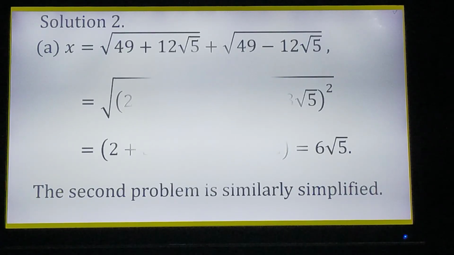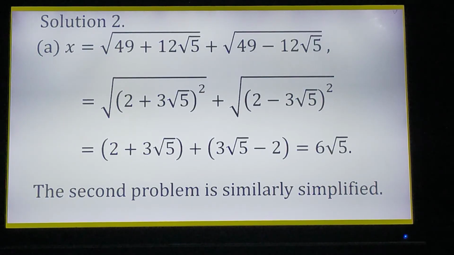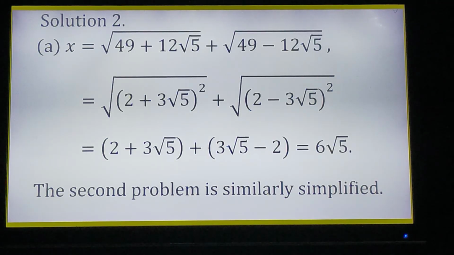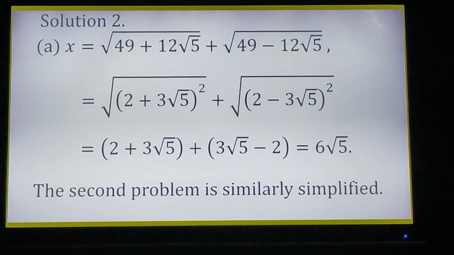Another solution, the solution suggested in the preceding discussion, we have this, okay? So we think of 49 as the sum of a square and a square multiple of 5. So we do that here. Therefore, the first one is equal to 2 plus 3 square root of 5. The second one is 3 times the square root of 5 minus 2.